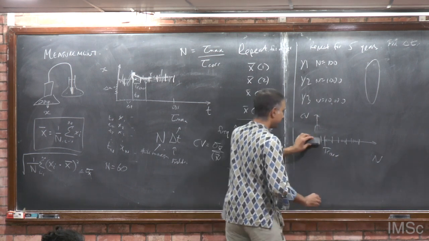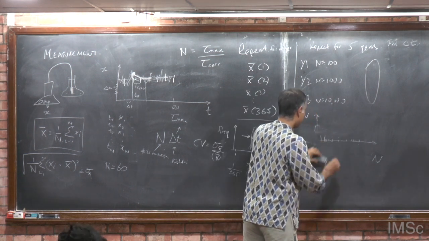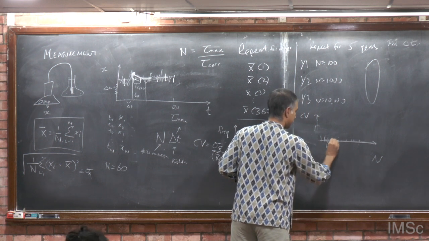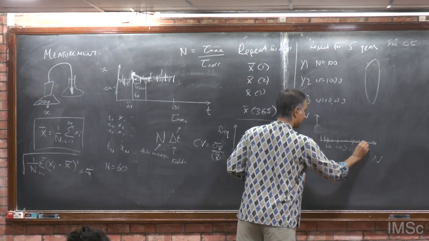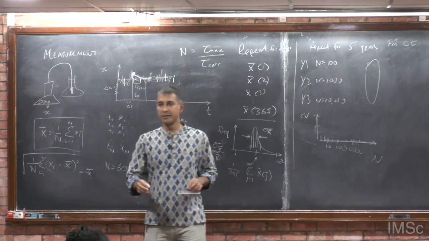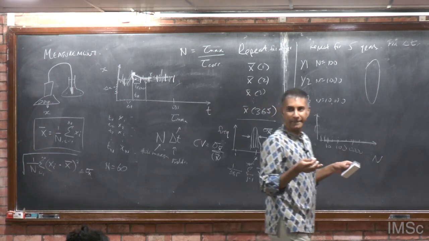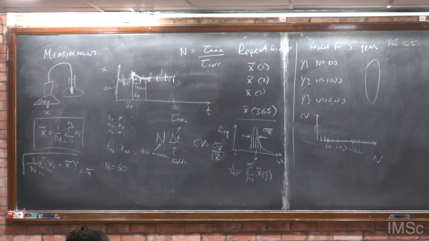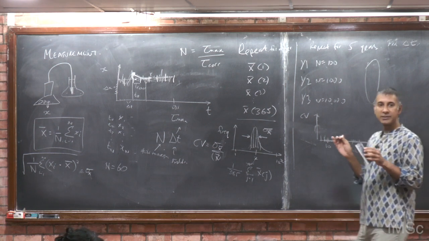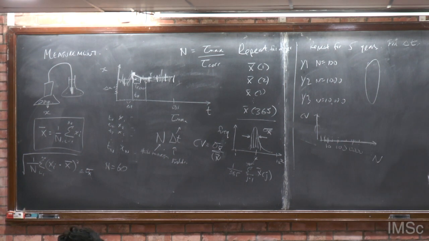As n gets bigger and bigger, 10, 100, 1000, and so on, what happens to the CV? It goes down. Right? Everybody knows that the more measurements you make, the better things get, right? But how does it go down? How fast does it go down? Any guesses? All of you have done a little bit of statistics, right? Anybody not taken a statistics class? Okay, everybody's taken a statistics class. So you should be able to answer this question in your sleep.